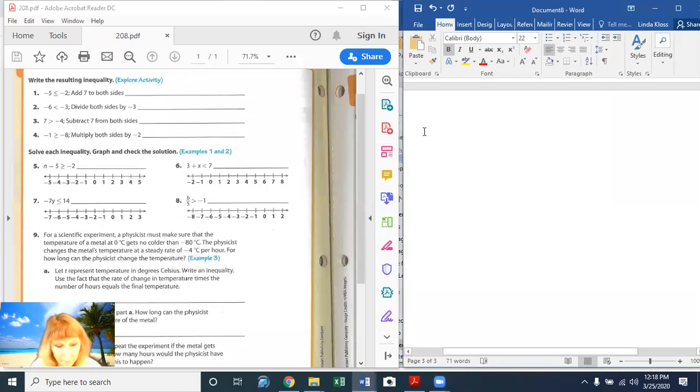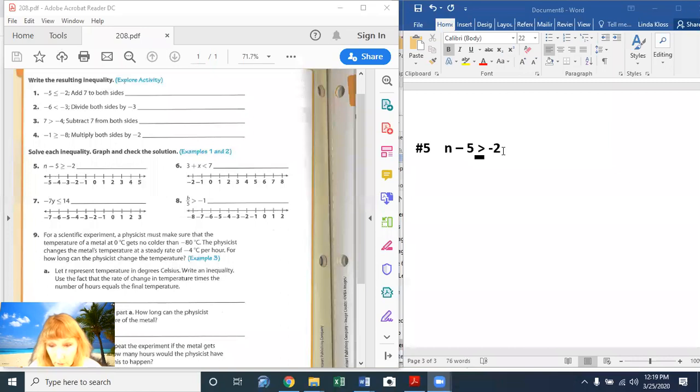So number 5, we have n minus 5 is greater than or equal to negative 2. And I'm going to draw a little greater than or equal to sign right here.